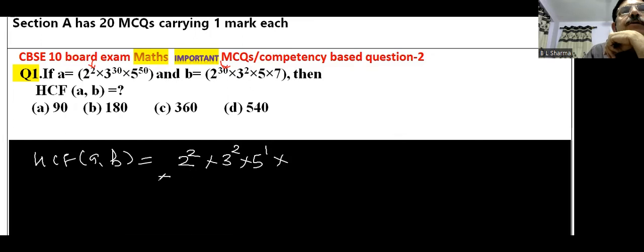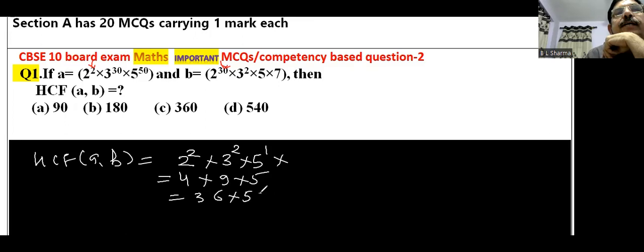So 2 power 2, that is 4, 3 is 9, 5, so that means 36 into 5, that is 180. So therefore B is the correct option. So the SCF of A and B in this question will be 180.